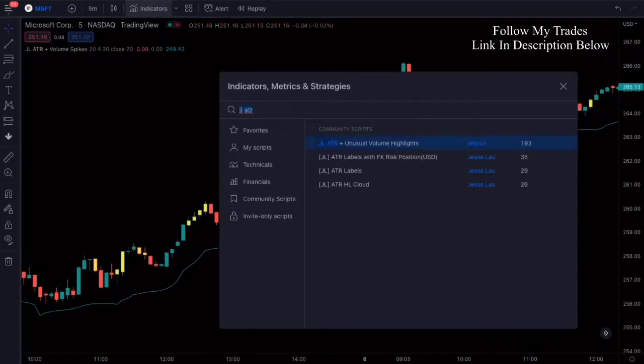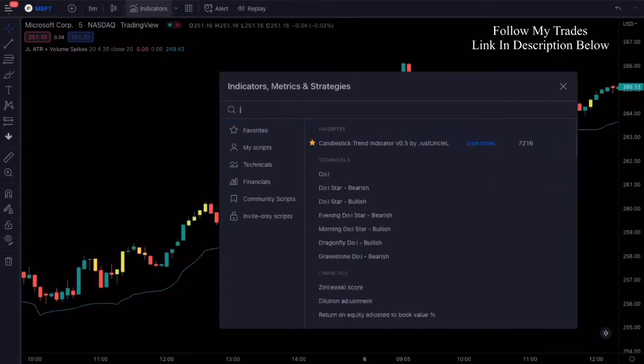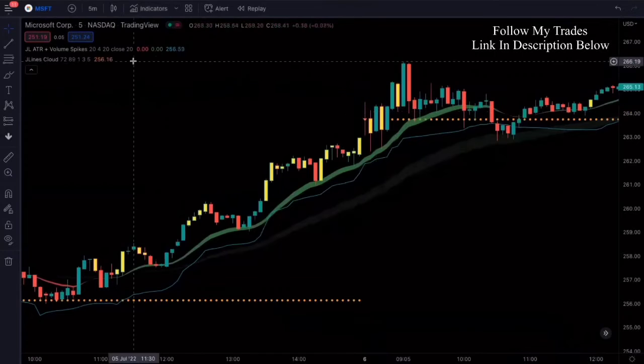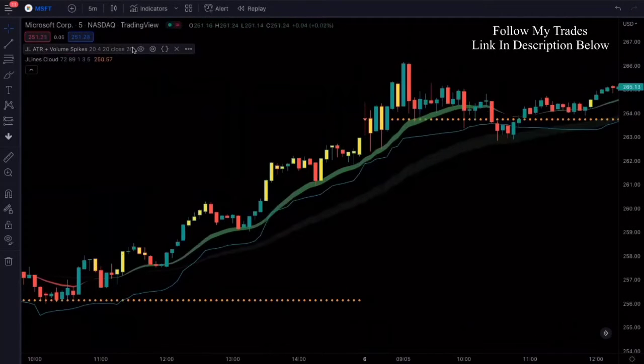The second indicator you're going to add is J-Lines Cloud by this person. All right. Again, 218 people have only favorited this. So not a lot of people know about this. All right. There's that. Now let's make some changes. To make changes, we're going to go into the settings of the JL ATR. Click right here on the settings.